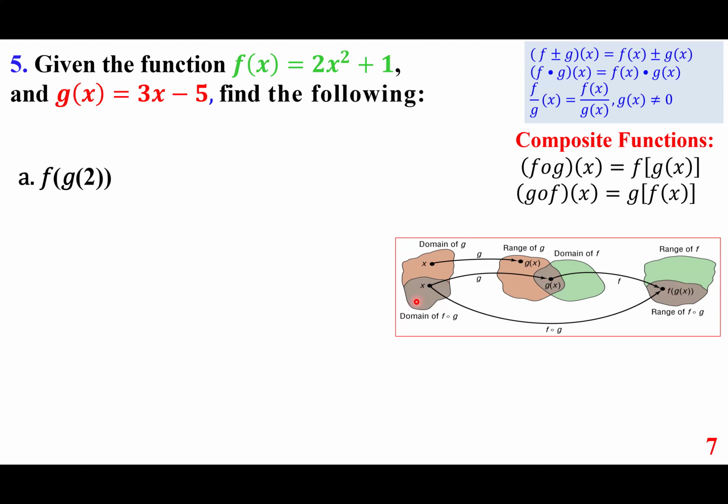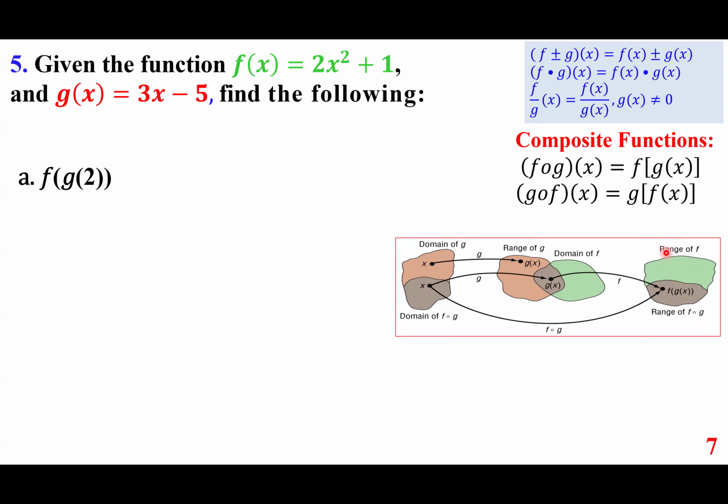So this would be the domain of f of g, and this would be the range of f of g. Again, g maps x to g, and f maps x to f.